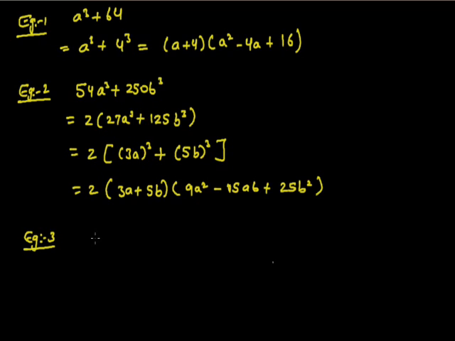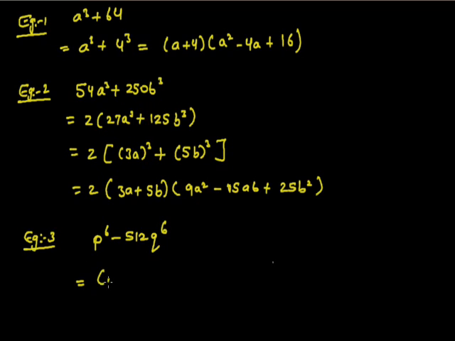Now we'll see one more example: p raised to the power 6 minus 512 into q raised to the power 6. Now if you can see here, this again is actually in the form of a cube minus b cube, but we have to write it in the form of perfect cubes.